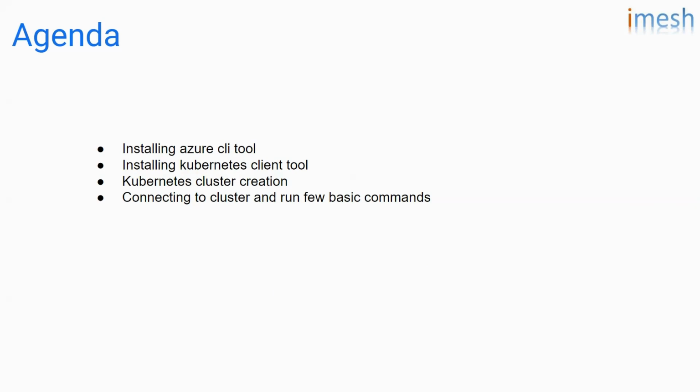Then we'll be installing the Kubernetes client tool, which will be used to communicate with the Kubernetes cluster. Then we'll go through Kubernetes cluster creation and configuration using the Azure portal. And then we'll be connecting, running basic commands, and trying to get some information from the cluster.